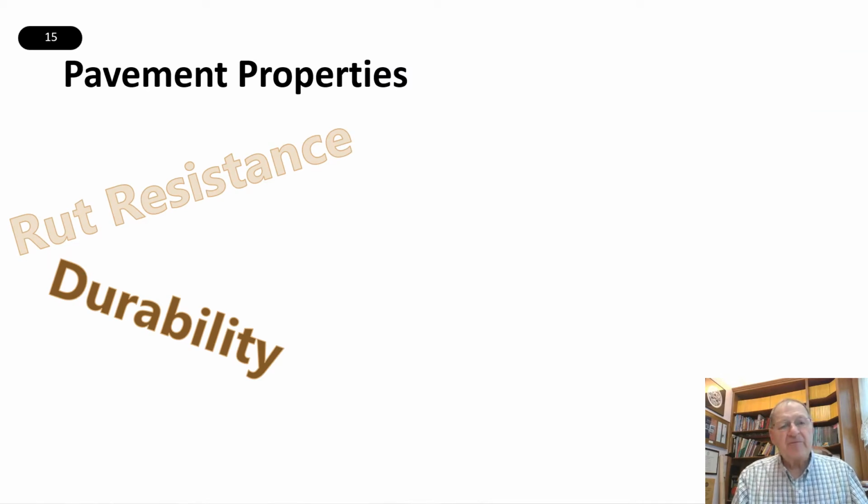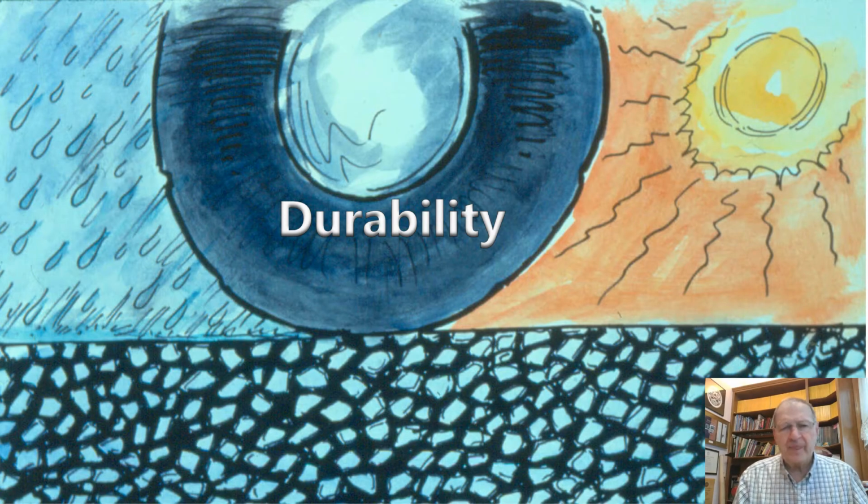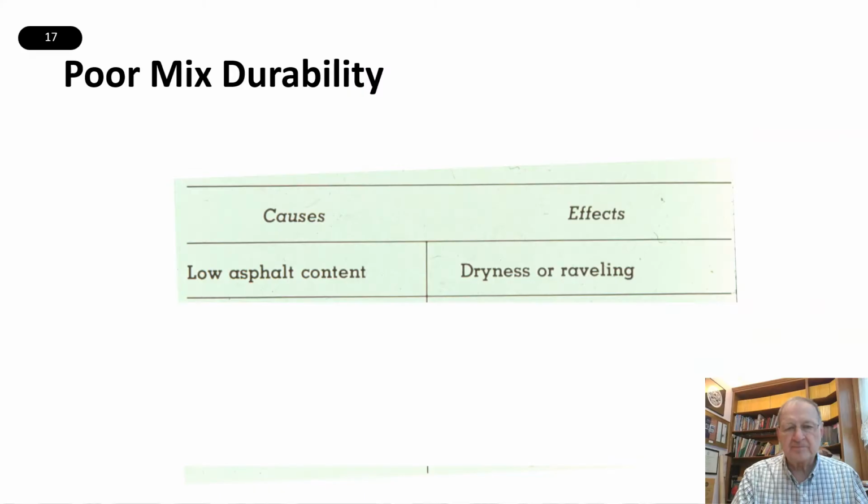So the second pavement property that we will talk about is pavement durability. And what is durability? By durability, we mean the ability to stand up under the baking action of the sun and in the presence of moisture. So what can cause poor mix durability?